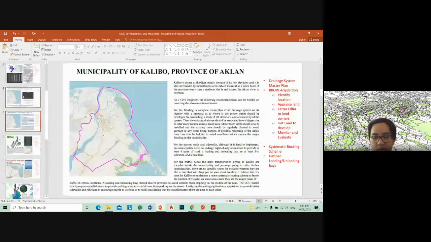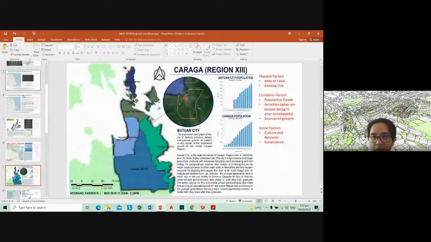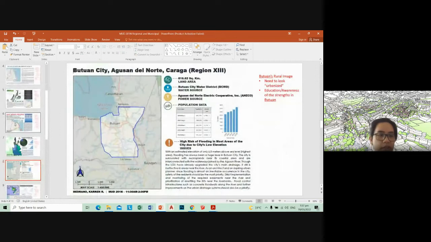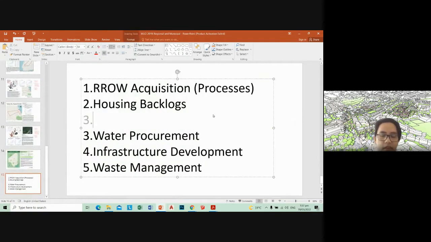Let's see. So this was the ROW agreement. This was the housing backlog. Rural image. Okay. We'll just call it the city, or like a city or municipality. Municipalities.